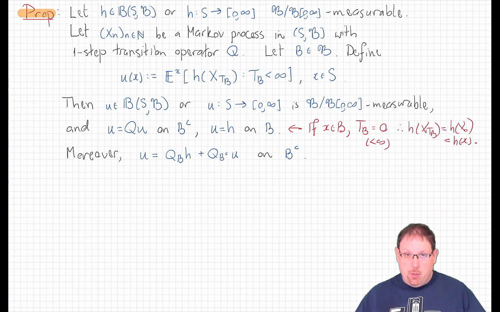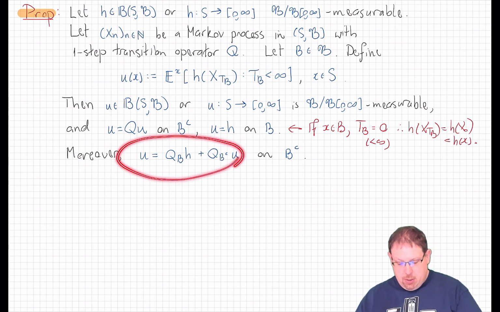In the case where we start outside of B and we get this fixed point equation, we just decompose Q as QB plus Q complement, and note that therefore that means that on B complement, U is a solution of this equation here.